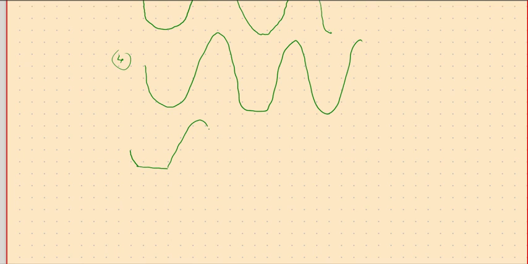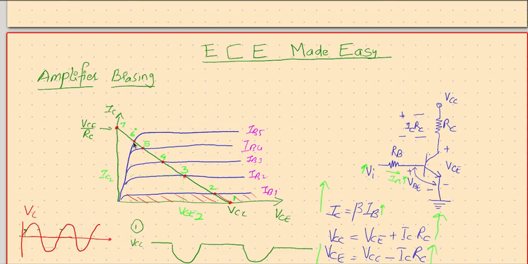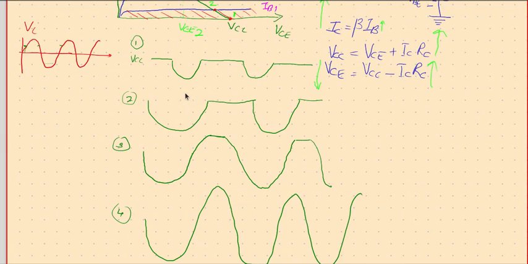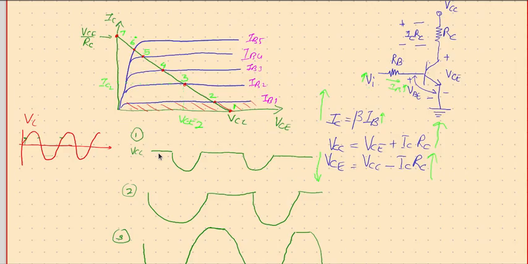But for the negative cycle, you get a complete output, the opposite of this one. And when you are at 6, at 5 a small part of the positive cycle was getting amplified, whereas at 6 no part of the positive cycle gets amplified, only negative cycles. So that is similar to 2, but in the opposite direction.